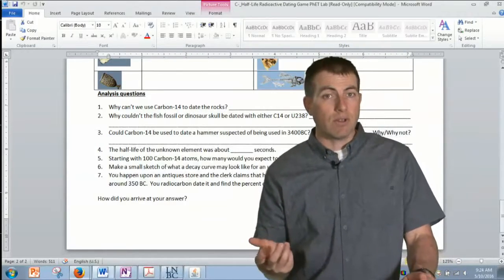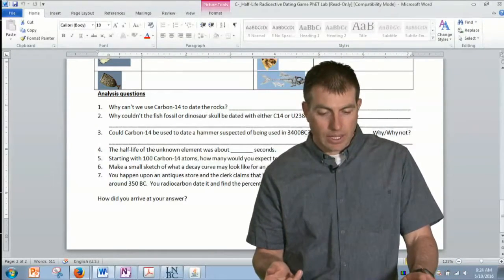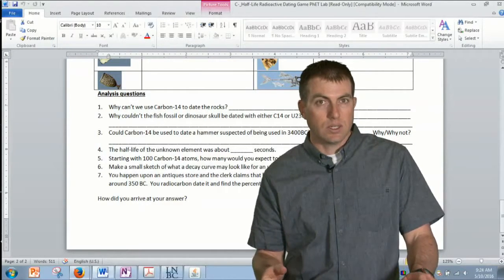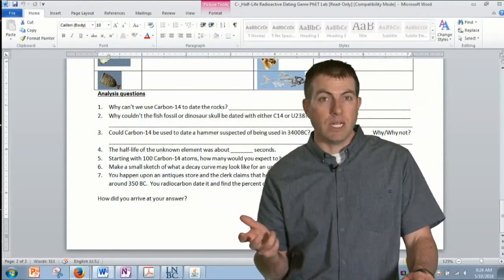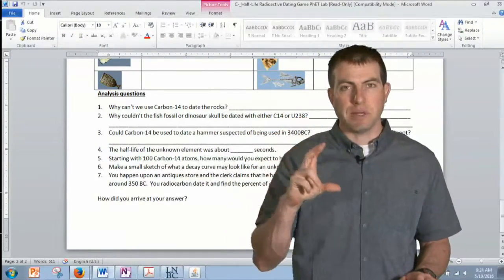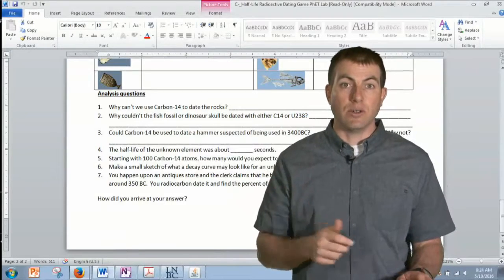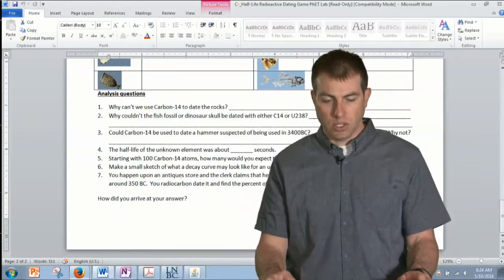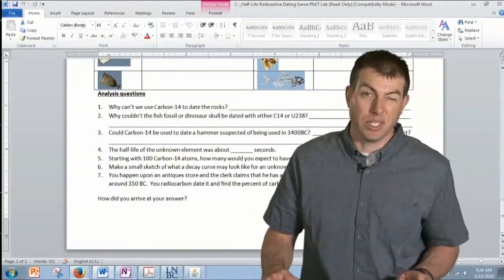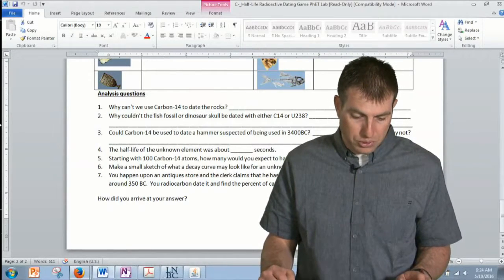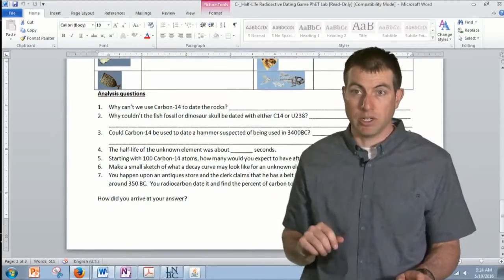Now we do know the half-life of carbon-14 is 5,730 years. So if I have 75% of it remaining, I'm about halfway through a half-life. That makes sense. So that should be around, what's half of 5,700? About 2,350 years-ish. So use your judgment to say if it could be genuine or not.